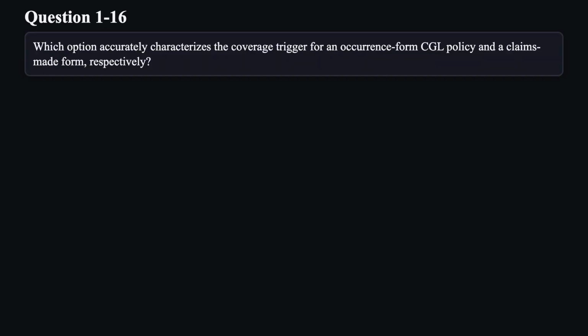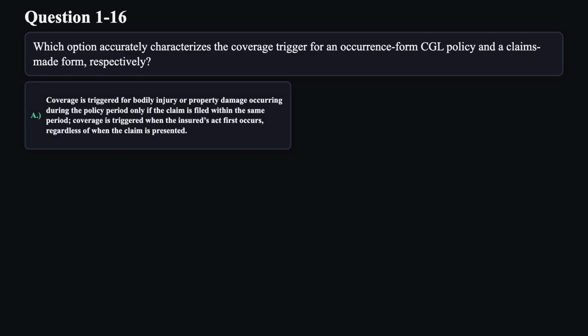Question 16. Which option accurately characterizes the coverage trigger for an occurrence form CGL policy and a claims-made form, respectively? A. Coverage is triggered for bodily injury or property damage occurring during the policy period only if the claim is filed within the same period. Coverage is triggered when the insured's act first occurs, regardless of when the claim is presented.